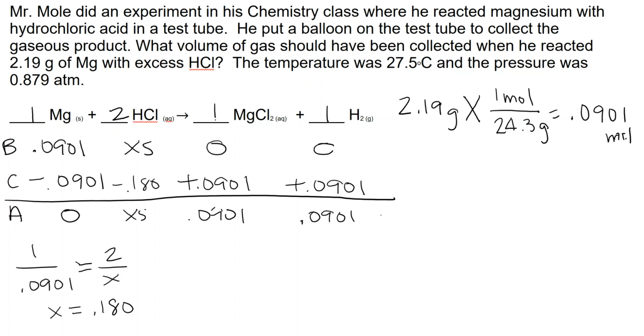Next, we're going to use our ideal gas law, which is PV equals nRT. Now, because it's the ideal gas law, we can only plug in information for a gas. So when we look at our balanced equation, our substance that is a gas is hydrogen. So we're going to use all of the information for hydrogen to plug into this equation.